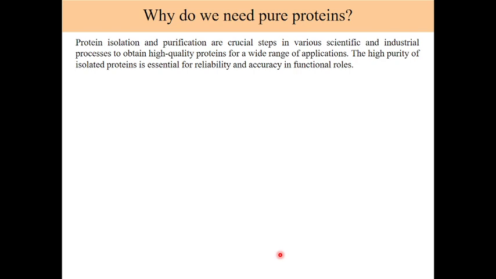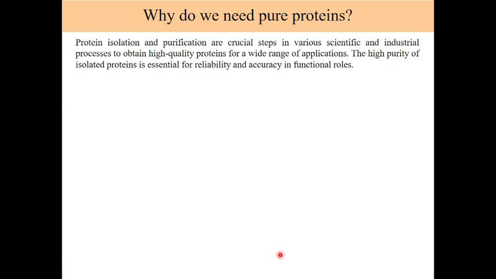Now the question is, we understand that this is a very long procedure and we need a lot of different biochemical processes and heavy instrumentation for this, but then what is the need for pure proteins? In this slide we will look at the different fields in which pure proteins find application.